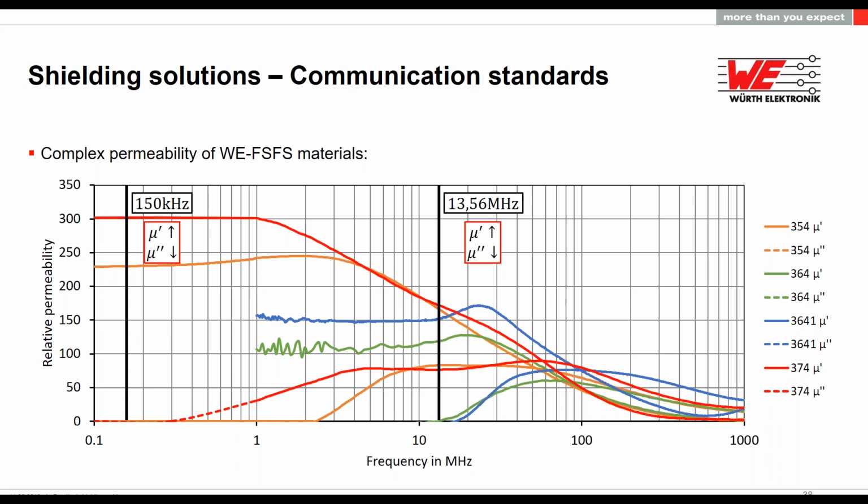Because when you are using it on wireless power or NFC connection, you want it to have a very low rate of losses. If the losses of that material are very high on this frequency, then it is absorbing the signal of the communication, and you are making the communication worse.